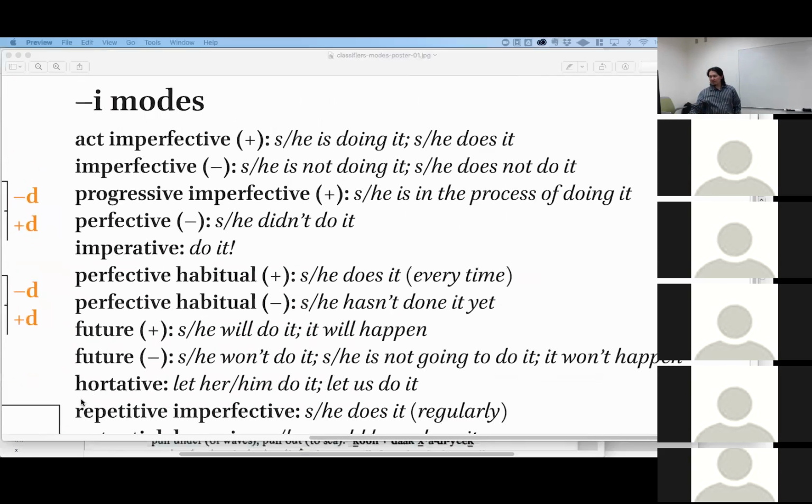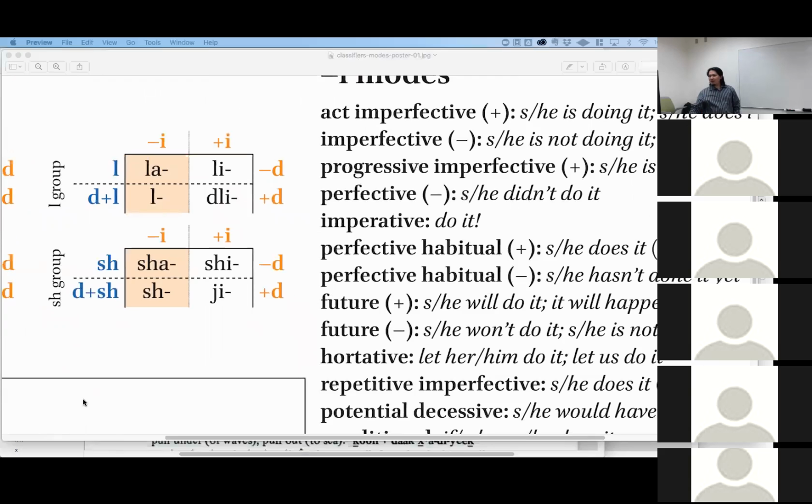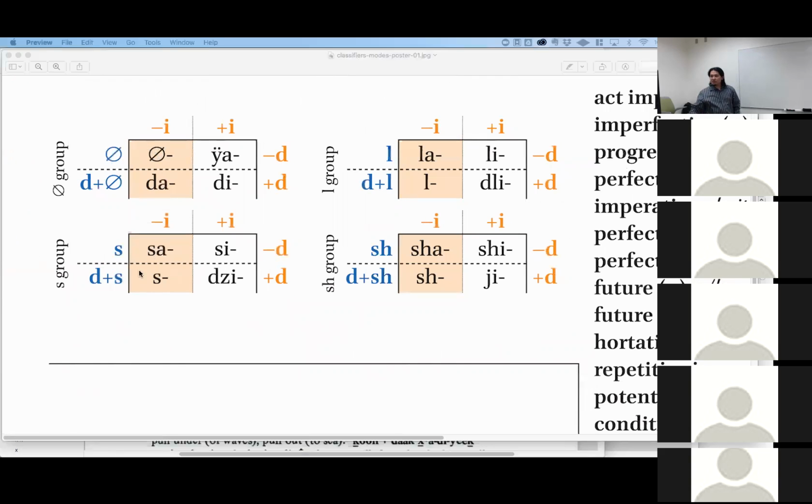Everything else is minus I. So if you look at these minus I versions, these are the ones we're going to use in everything other than the perfective, basically, and the state verbs. I have to read this all again next week, but it's making more sense.